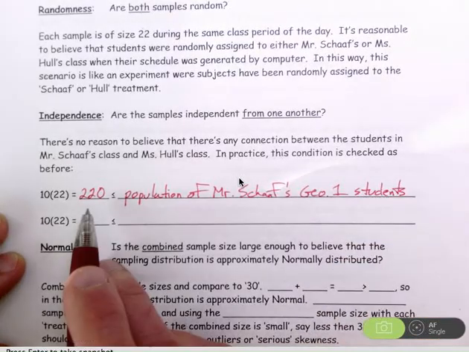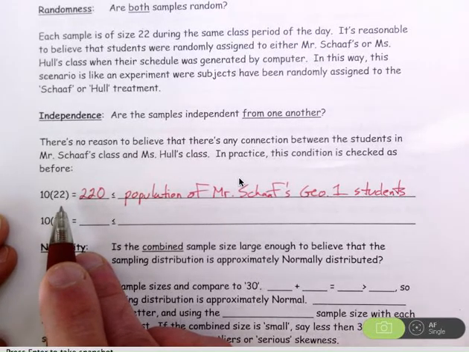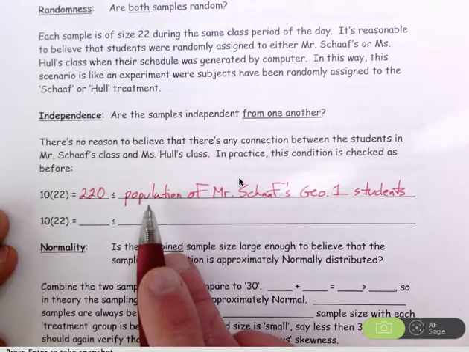Now, of course, I didn't have 220 or more students this year. I only had this one class of 22. So we are acting as if this group of 22 is representative, if you will, from the entire population of Geometry 1 students that I've been teaching.